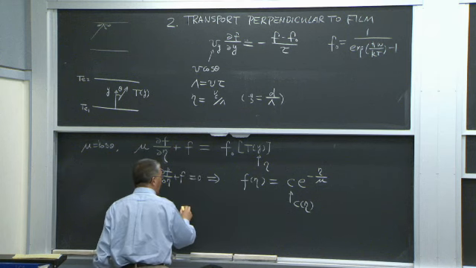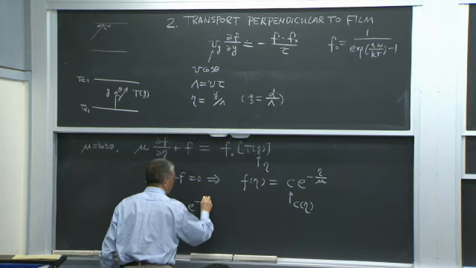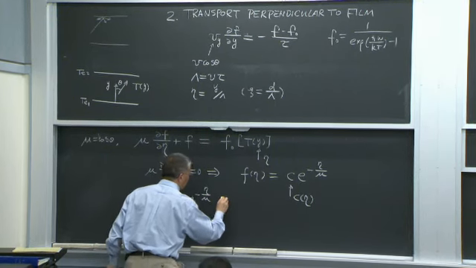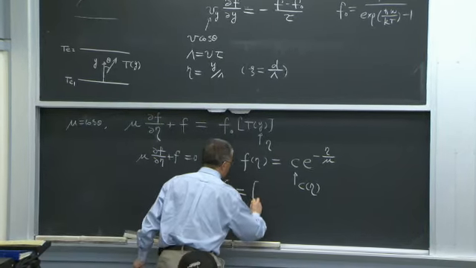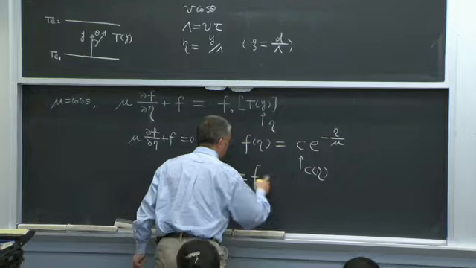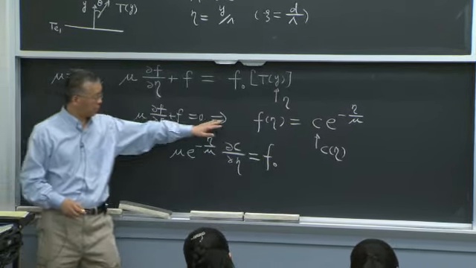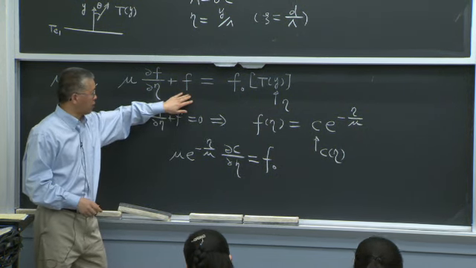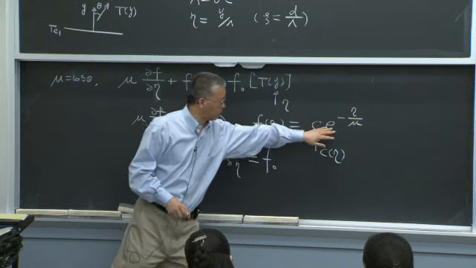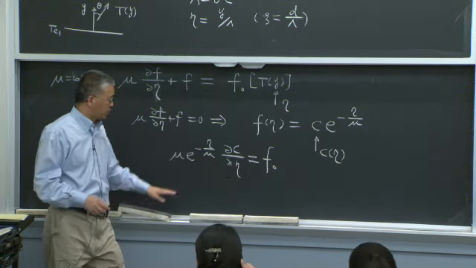So what I have is mu exponential of eta over mu dC/d eta equals f0, which is a function of eta. When you substitute this back into the differential equation, this term drops. The other term, you can take the derivative of this, also drops. The C term I cannot drop, so it's there.